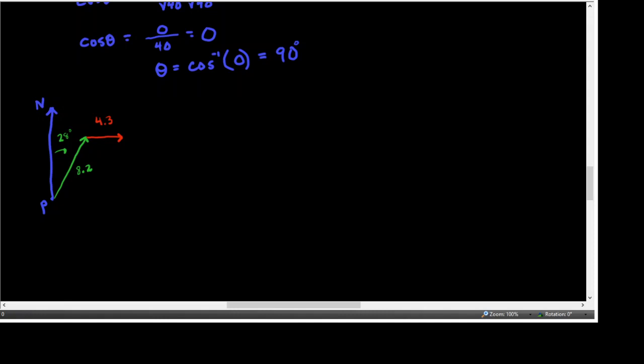Oh, I just realized that 8.2, I wrote that in a pretty bad place. So let me erase that really fast and put it in a better spot. I should have been looking at their picture. That would have been helpful. This is 8.2 miles. Okay.